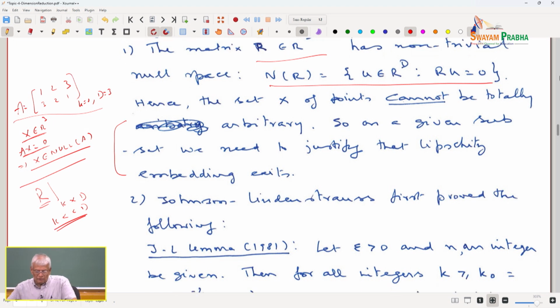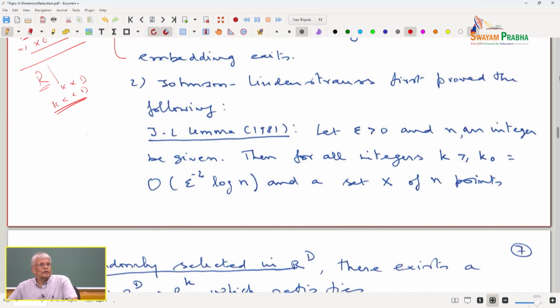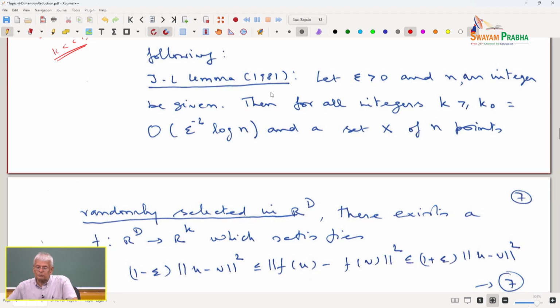Johnson-Lindenstrauss lemma, we have already talked about that. The JL lemma was proved in 1981 in the pure mathematics literature. Let epsilon be greater than 0 and n be an integer, be given. What is n? N is the number of data points.